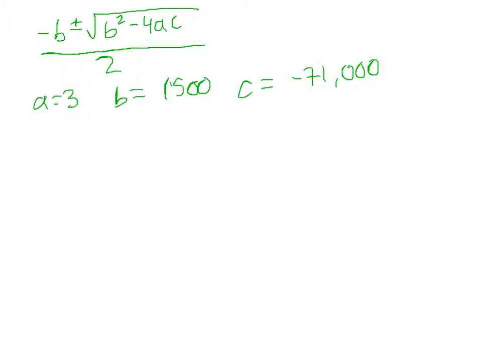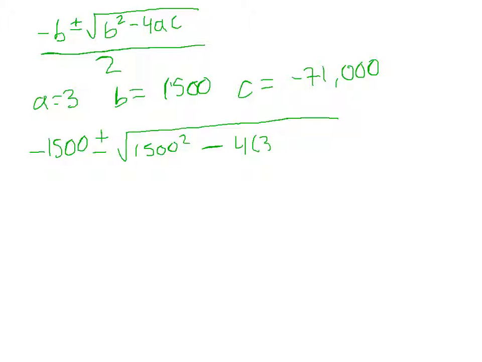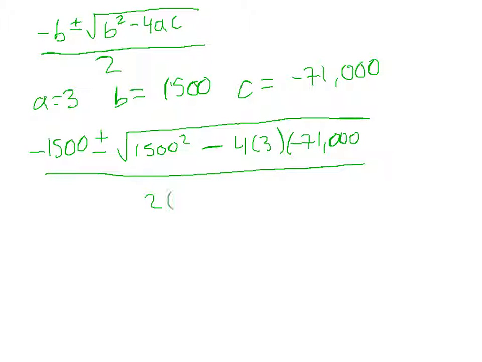When I plug these values into the quadratic formula, I get negative 1,500 plus or minus the square root of 1,500 squared minus 4 times 3 times negative 71,000, all over 2 times 3.